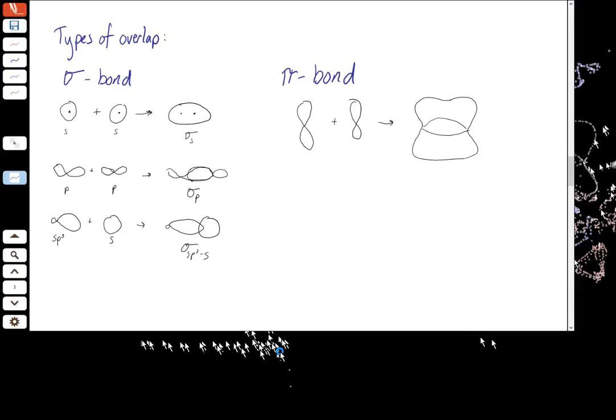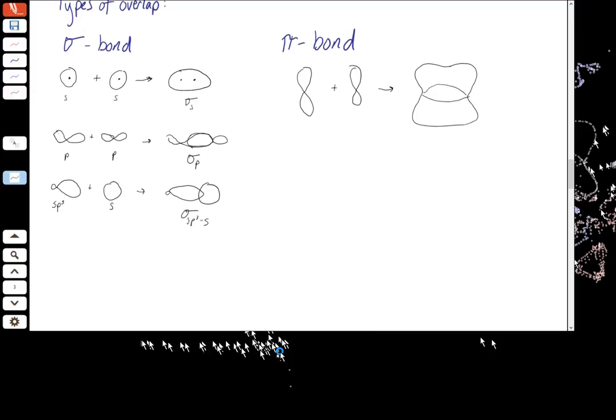And so when we have multiple bonding in molecules, one way that we can explain that is by saying that it is a sigma bond caused by the hybrid orbitals overlapping, and then a pi bond or multiple pi bonds caused by the extra unhybridized p orbitals overlapping. So let's take a look at how we would do that.